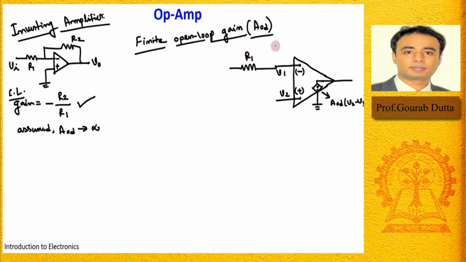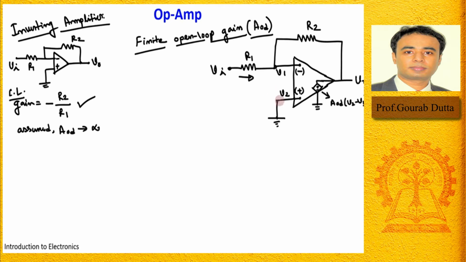Like we saw, one resistance R1 was there. So let us say this is R1 and this is R2, and this is the output voltage. Here you can see this terminal is grounded, so let us also ground this, and the signal Vi, or the DC voltage Vi, is applied here.